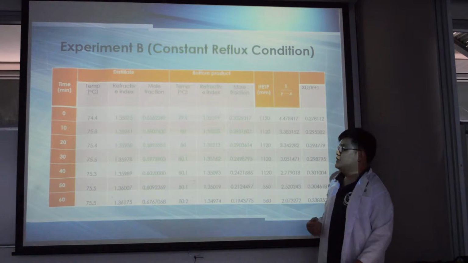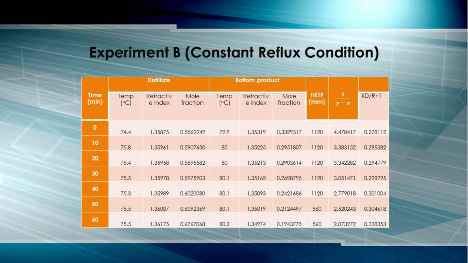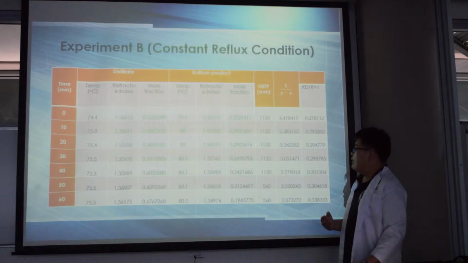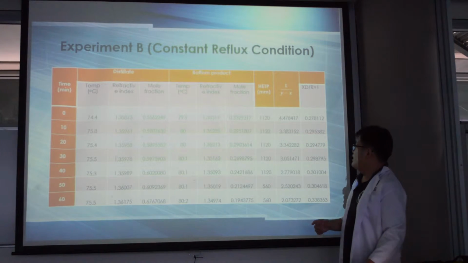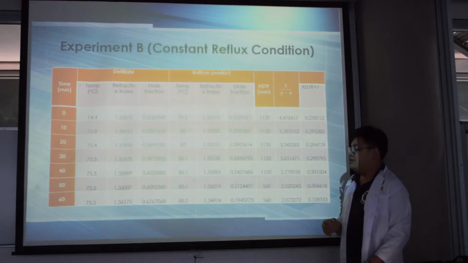And now I move on to experiment B under constant reflux conditions. In this experiment, we use 60 minutes with an interval. For each interval, we will get the amount of top product and the bottom product. By doing this, we can get the XD over R plus 1 value under a constant reflux condition, which is this value, to plot the operating line in the McCabe method.